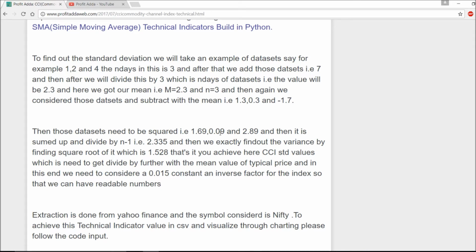So 1.3 whole squared is 1.69, and so on. After that, we divide by n minus 1.